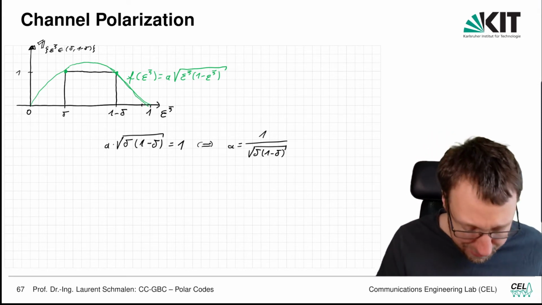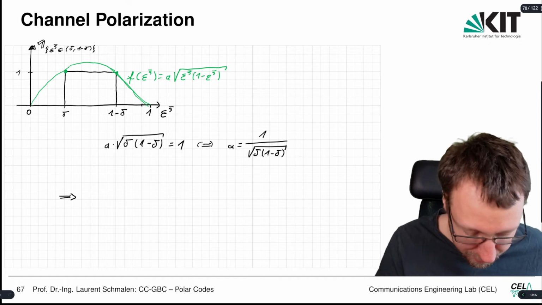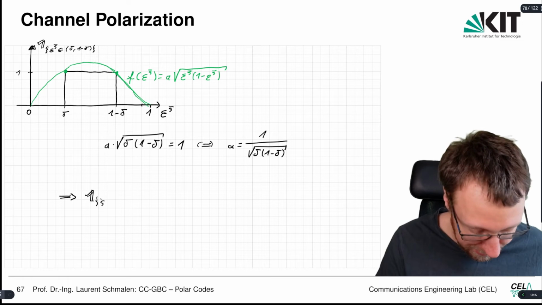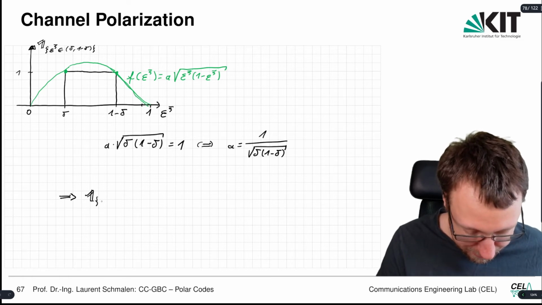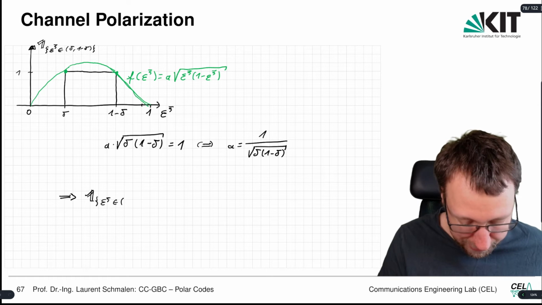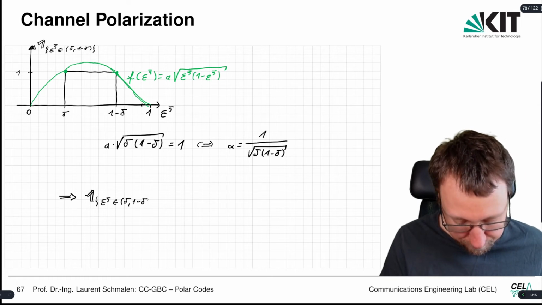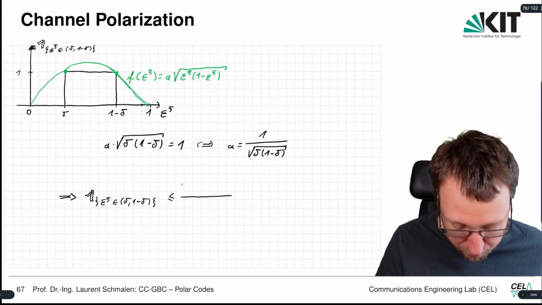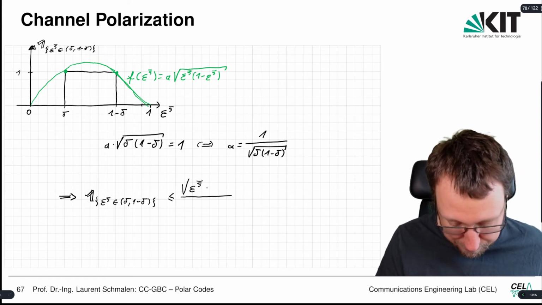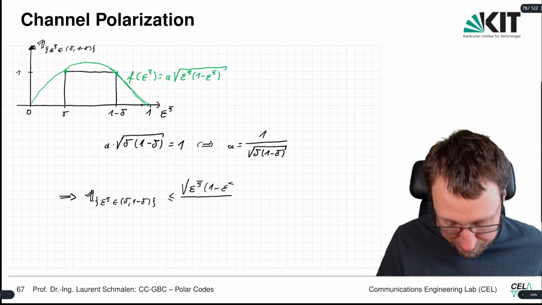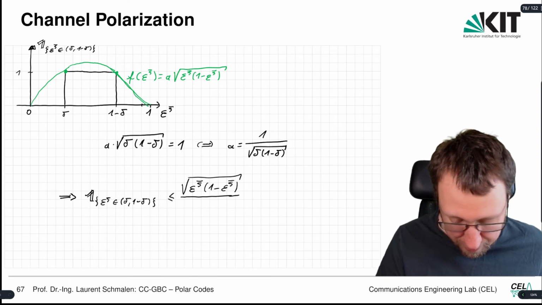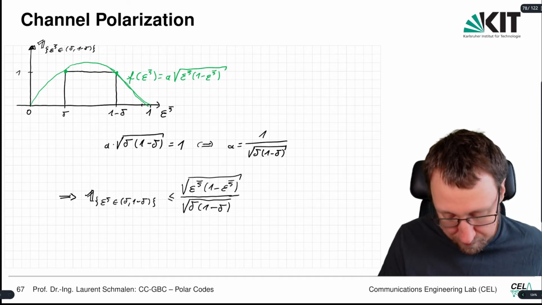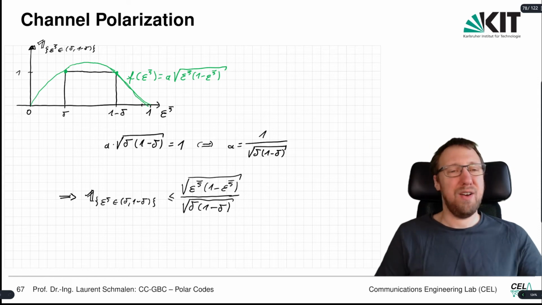So we can say that the indicator function indicating that epsilon S bar is between delta and 1 minus delta is upper bounded by the square root of epsilon S bar times 1 minus epsilon S bar, divided by the square root of delta times 1 minus delta. You see the similarity to the ugliness.